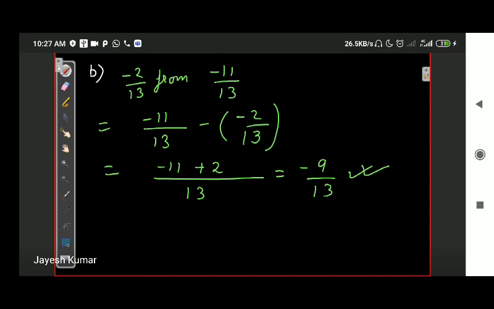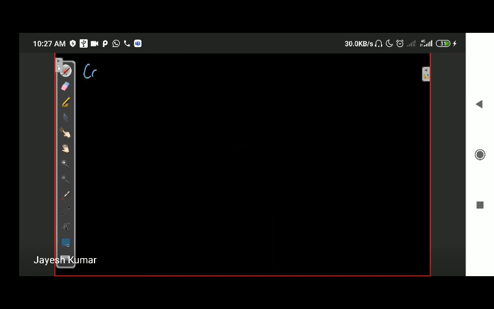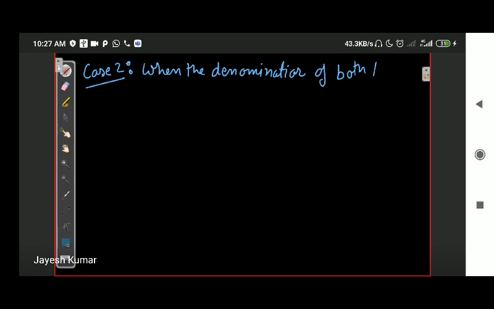Let's see case 2. What is case 2? Case 2 is when the denominators of both the rational numbers are different.